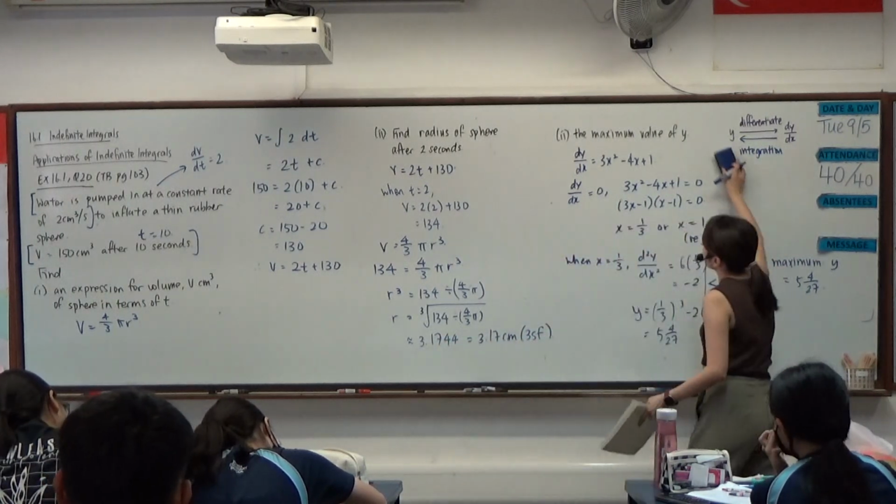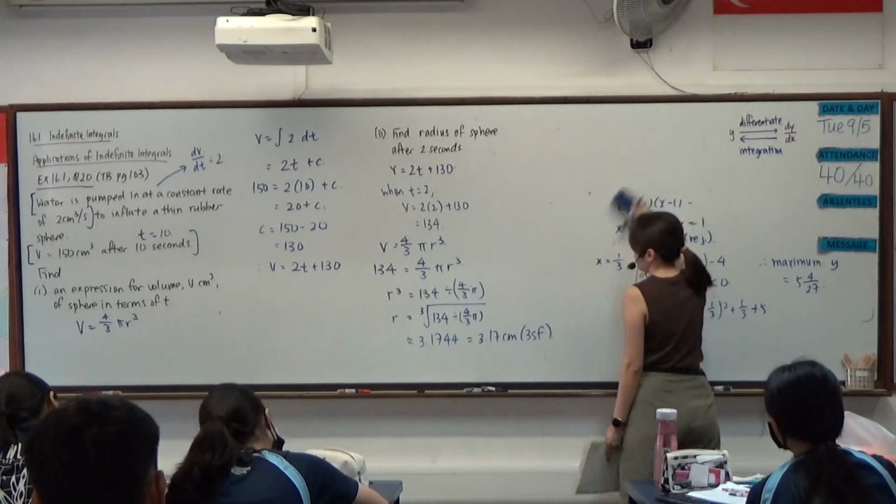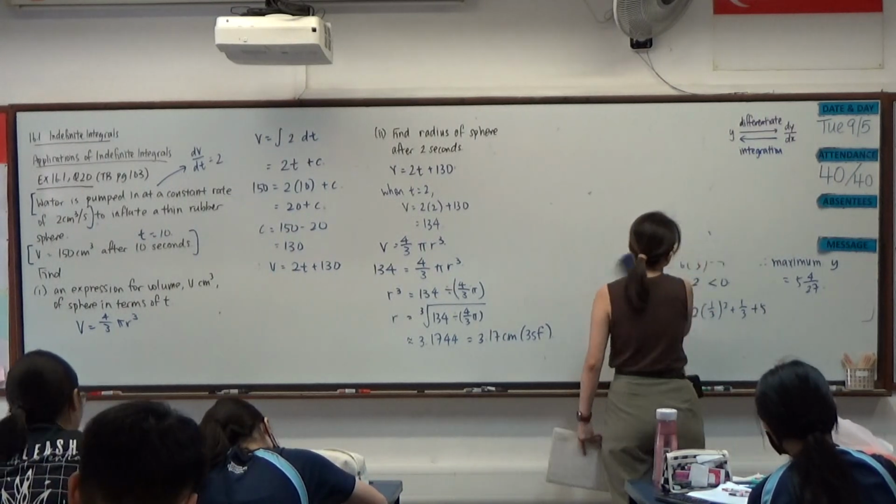Then it's a matter of your calculator giving you the 3 significant figure answer of 3.17.